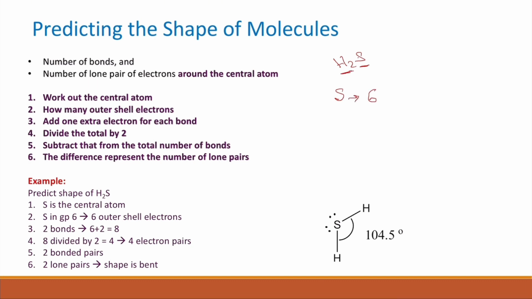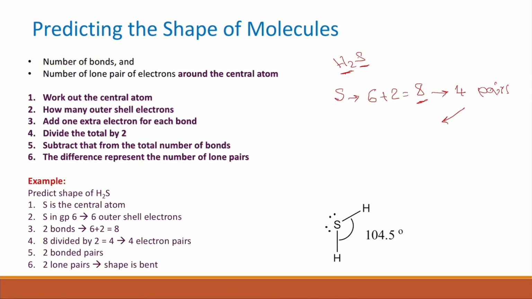And then there are two bonds because there are two hydrogens. So we add to the six two, which comes from the two hydrogens that make the two bonds. So in total, around the sulfur, there will be 8 electrons. Now we need to look at how many of these are going to be bonded pairs and how many lone pairs. Dividing 8 by 2, there are 4 pairs of electrons.